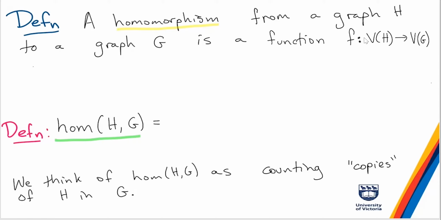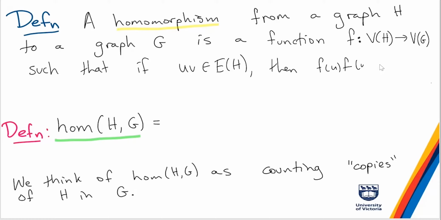This is the natural homomorphism of graphs, in the sense that it's a function from the vertex set of H to the vertex set of G which preserves adjacency, in the same way that a group homomorphism preserves the group operation. So it's such that if uv is an edge of H, then f(u)f(v) is an edge of G. Yeah, that's exactly right.